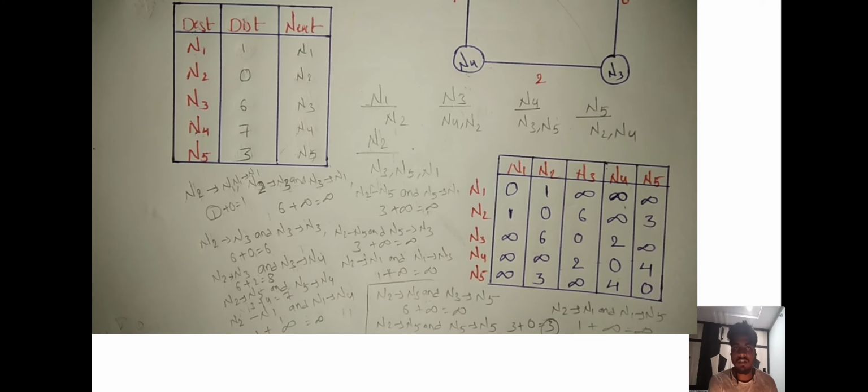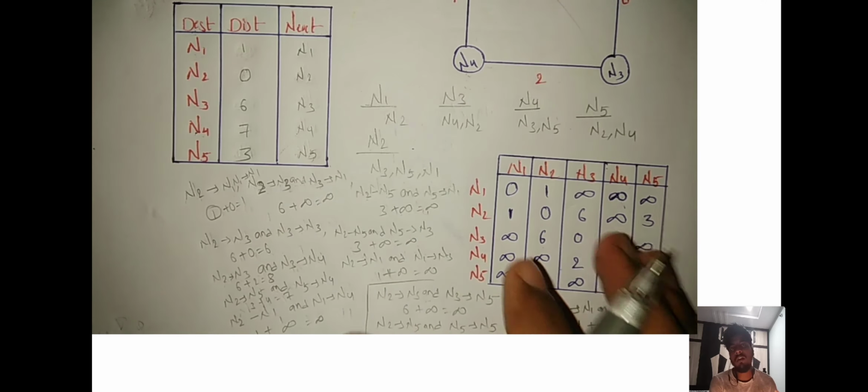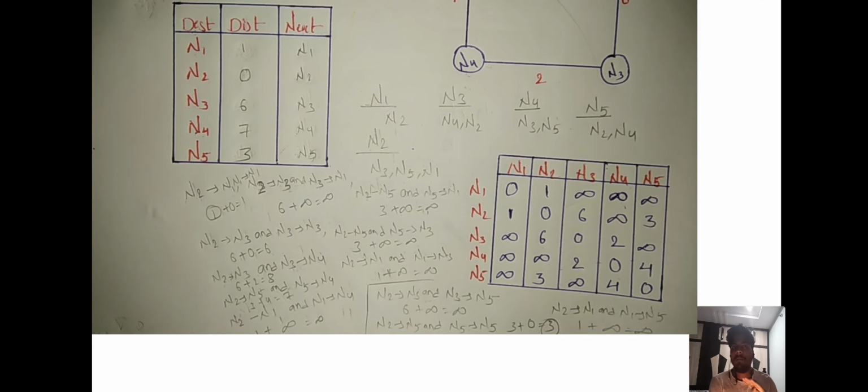We stop this process when we get all lowest values, that means the shortest distances to send the packets from one router to another router. That means we have to eliminate all the infinities. Then only we will get the shortest path to send the information from one router to another.